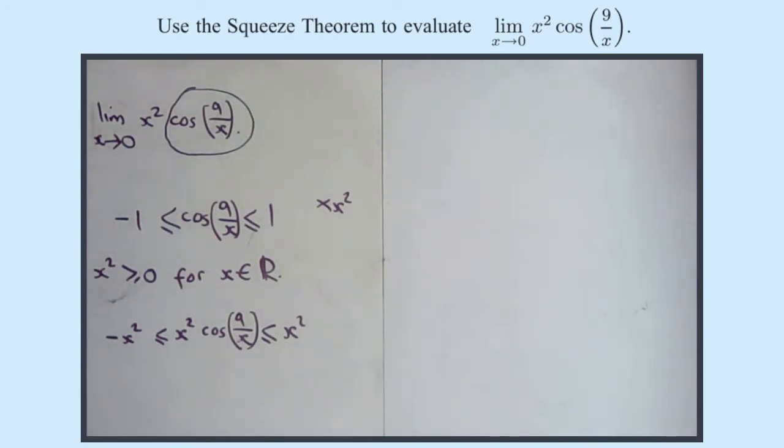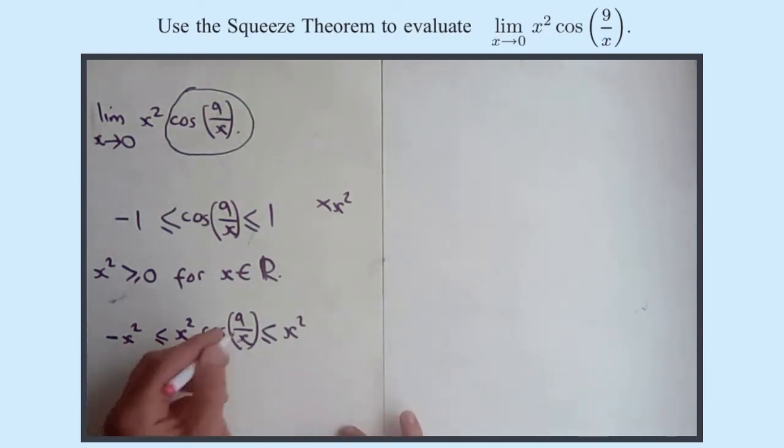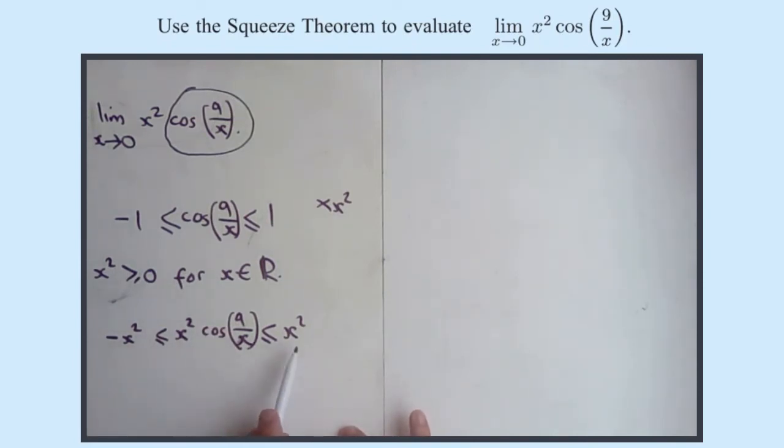So we've got our function that we're interested in finding a limit of in the middle, and we're squeezing it between an upper bound function, which is quite simple to find the limit of, and a lower bound function which is also quite simple to find the limit of. If we can show that these two bounds are equal, then we have the value of the middle one. So what I'm going to do is just write down limit, limit, limit.